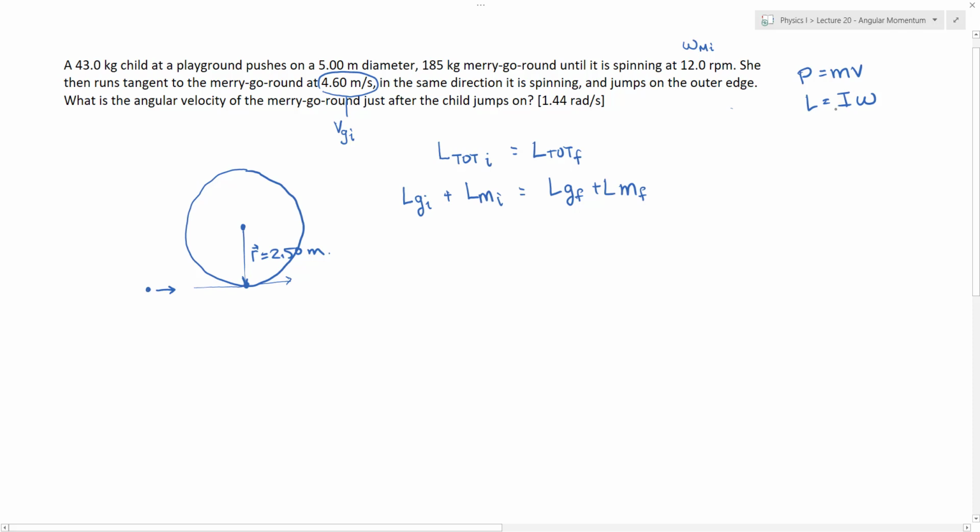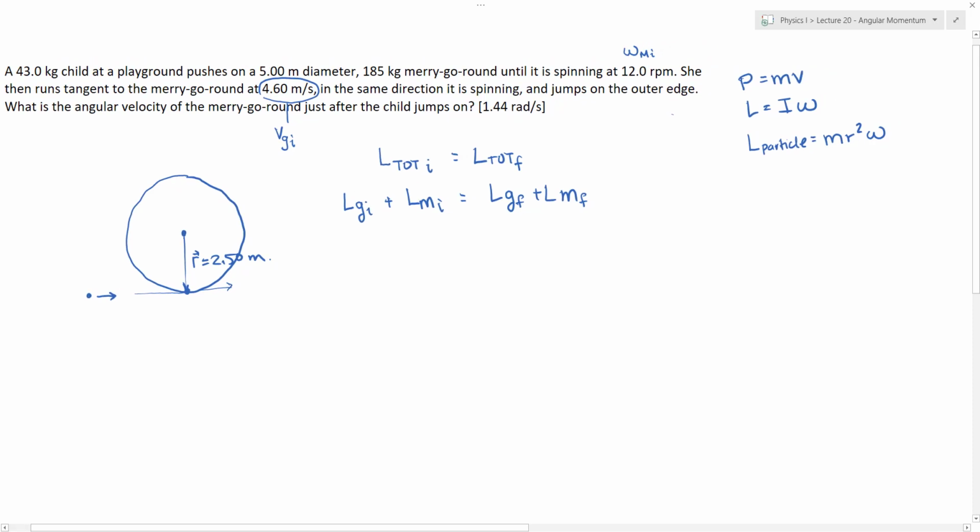We would use the table to find the moment of inertia depending on the shape of the object. Now we're talking about a girl. There's another formula for angular momentum for a particle. That's because the moment of inertia of a particle is mr squared. So times it by omega, and now we have the angular momentum of a particle.